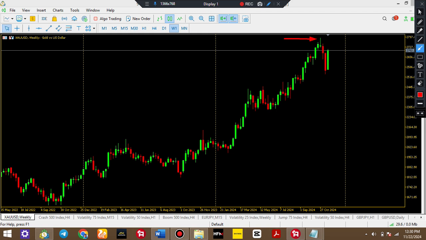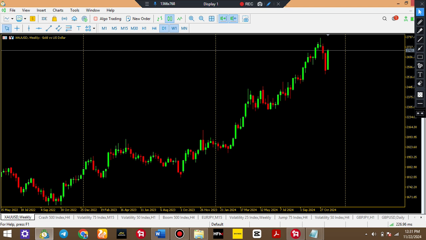But as it is now, it is more of taking sell opportunities than buy opportunities, because everything has changed immediately price breaks below this lower high here. Price has given us a break below this lower high, so we should try to leverage on sell more than buy in this case. So that is on gold.